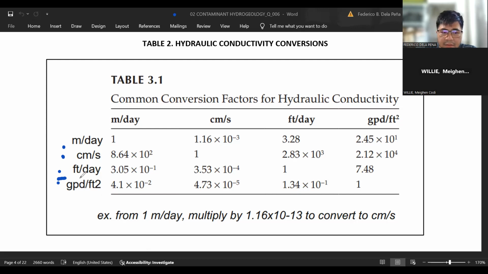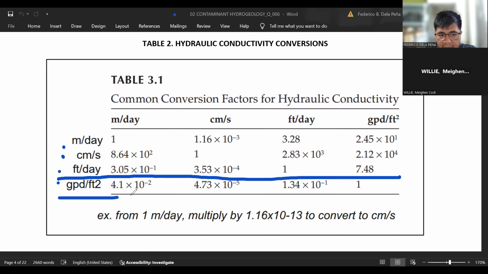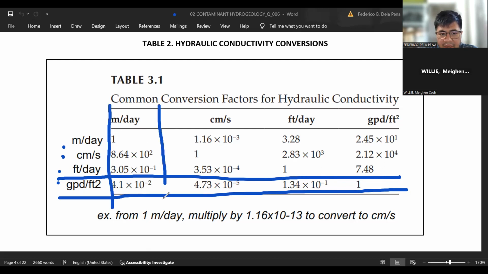Draw a horizontal line through here. Then look at the target unit of measurement. We need meters per day, so we draw another line going through here. And you can see here, this is the conversion factor that we actually need.